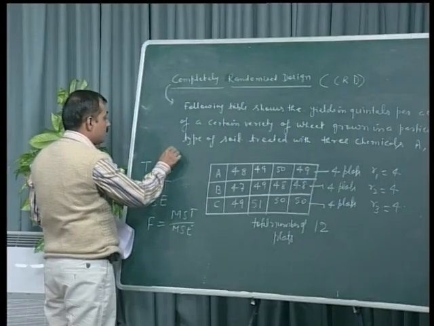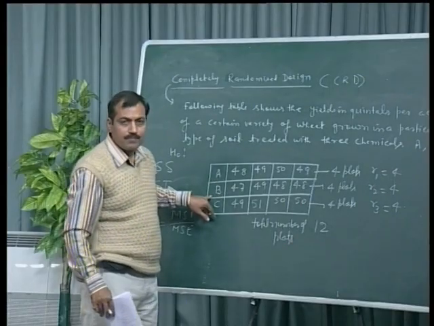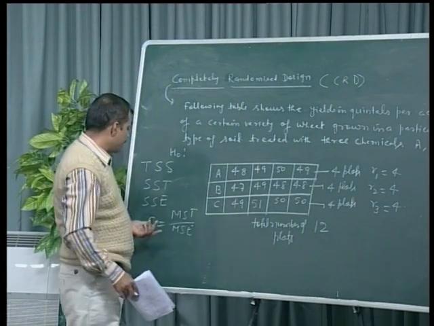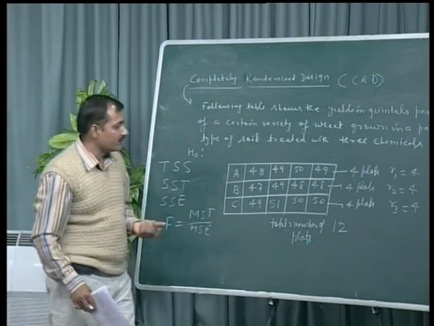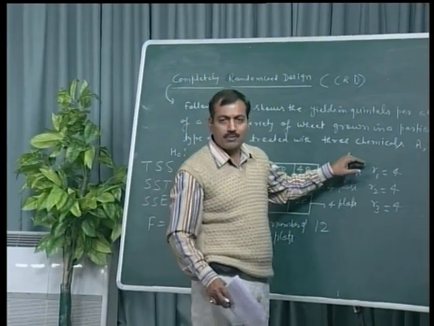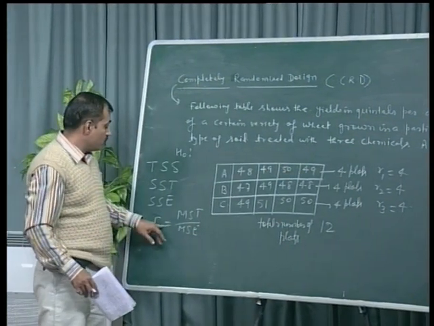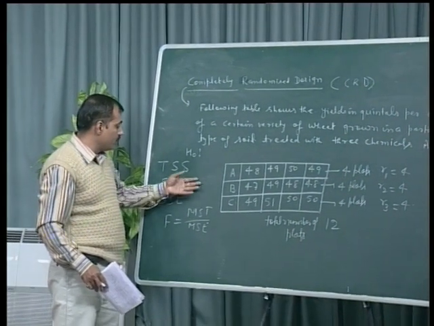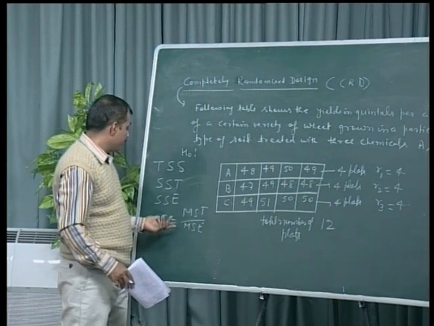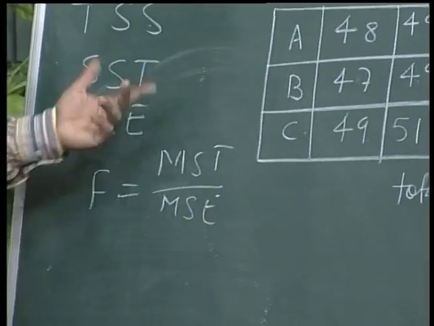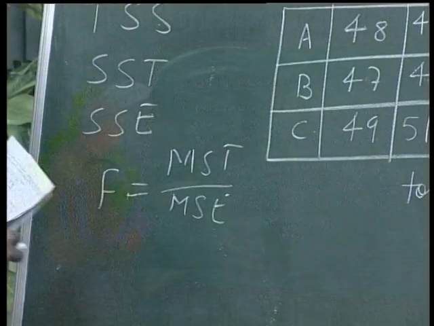If we take the null hypothesis that the effect of these three fertilizers is the same, and after getting the calculated value of F at a given level of significance, say 5% or 1%, we compare it with the tabulated value. If the calculated value is less than the tabulated value, we accept the hypothesis, otherwise we reject it.